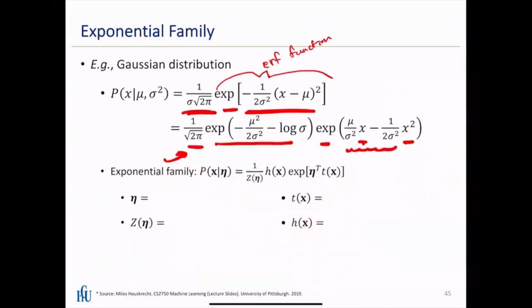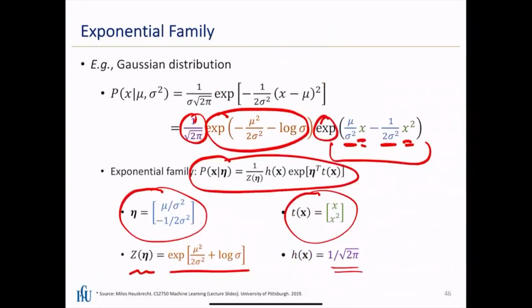And speaking of the Gaussian distribution, again, these are the sufficient statistics. In order to get the maximum likelihood of the Gaussian, we needed mu, the mean from the sample, and sigma squared, the variance from the sample.